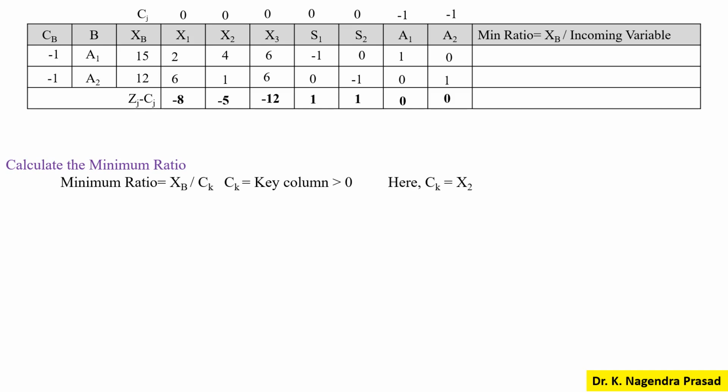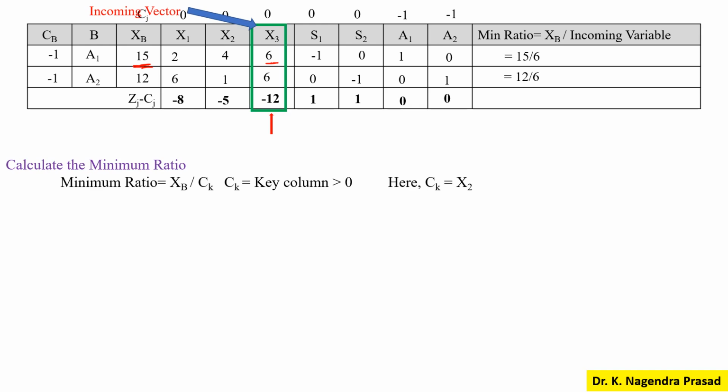Next, to calculate the minimum ratio of xb divided by coefficient of incoming variable. First we look at the A1 variable row, that is 15 by 6. Here xb value is 15 and coefficient of incoming variable is 6.